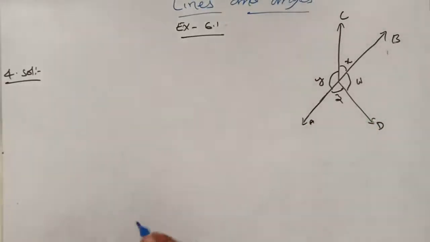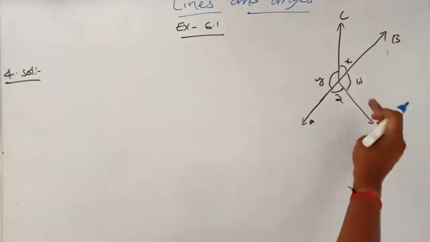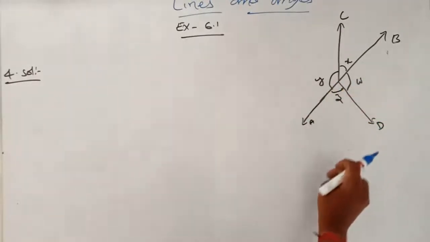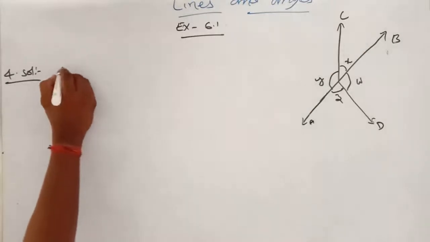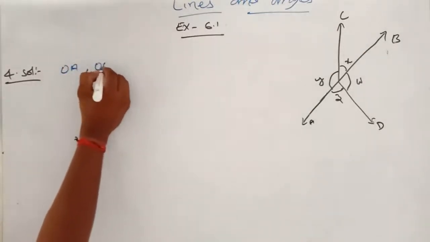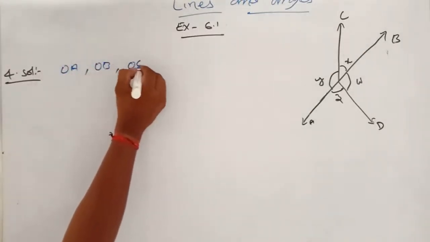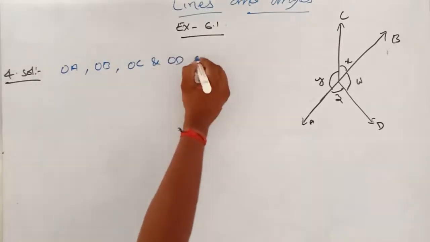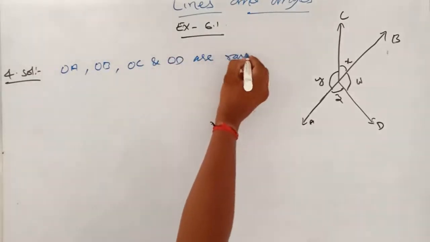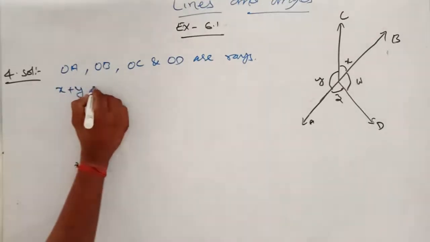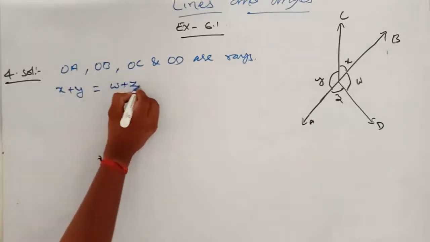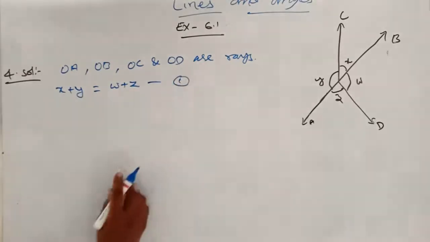So here I am taking OA, OB, OC and OD as the rays. And one more condition is given, x plus y is equal to w plus z. This is the first equation I am taking.